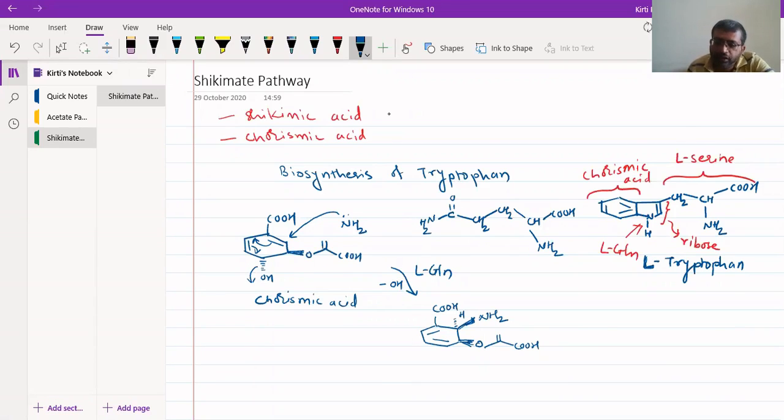So now this will result in aromatization via loss of pyruvic acid.